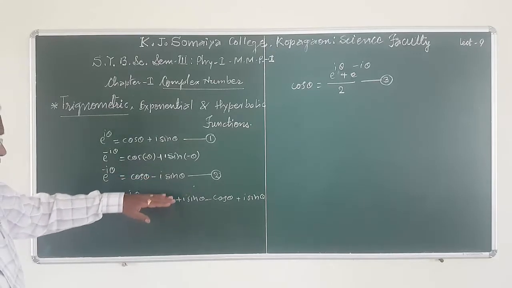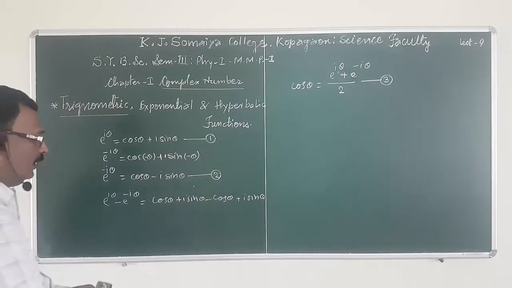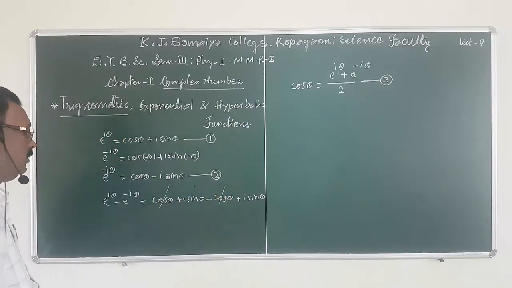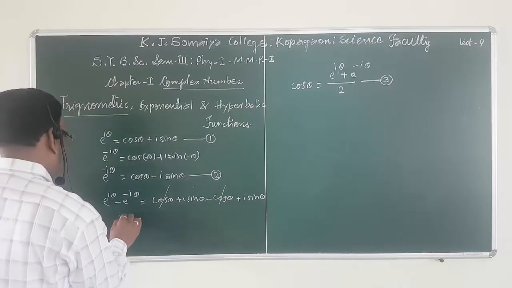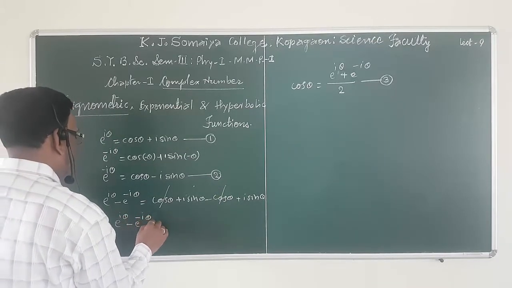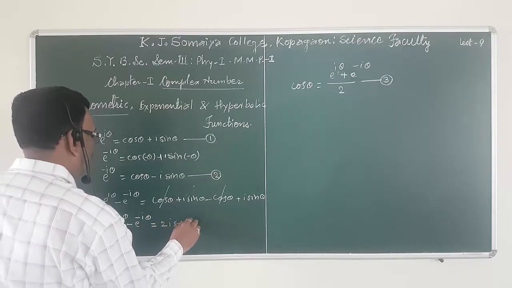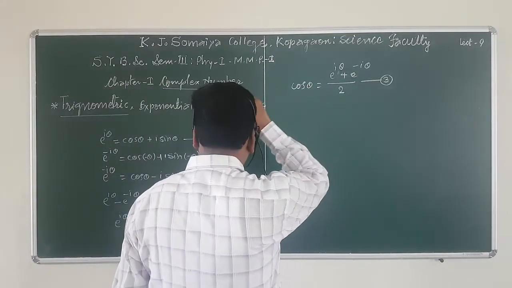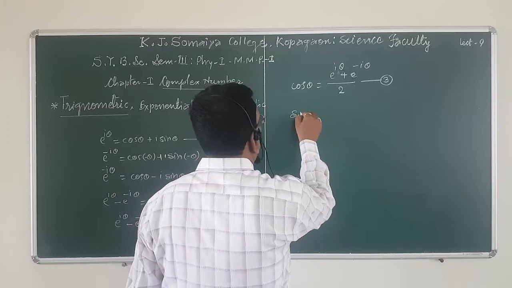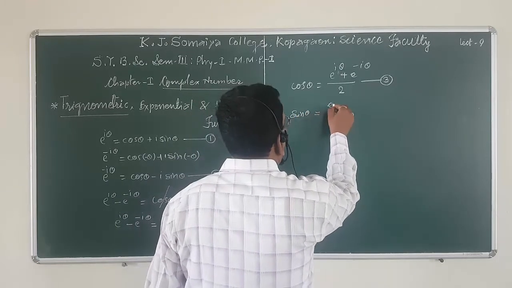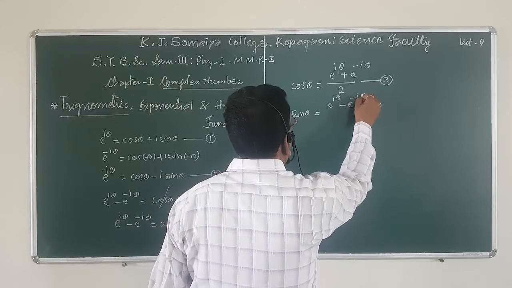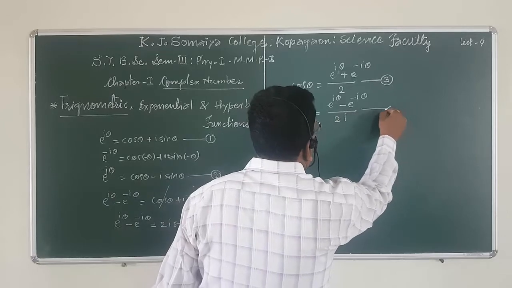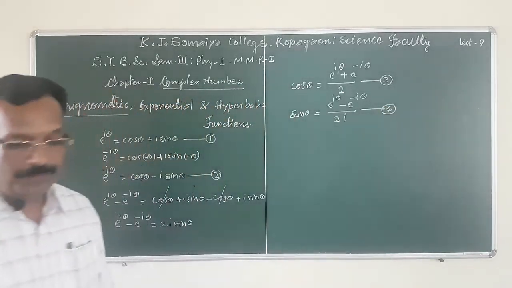Here again the cos theta terms cancel each other and we have e raised to i theta minus e raised to minus i theta is equal to 2i sin theta. From this we get the second trigonometric function: sin theta is equal to e raised to i theta minus e raised to minus i theta upon 2i. This is the next trigonometric function.